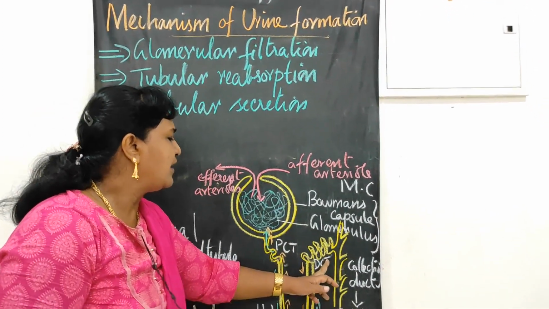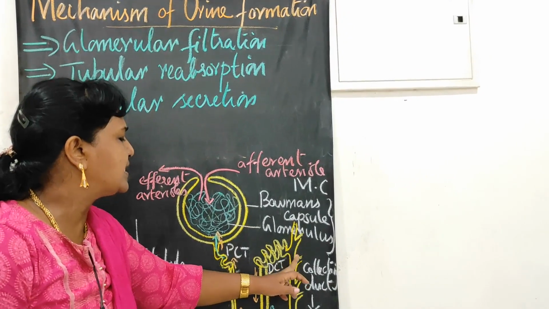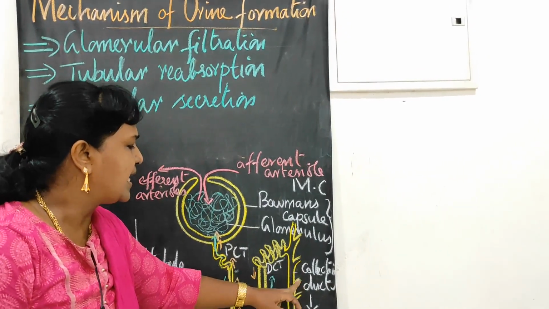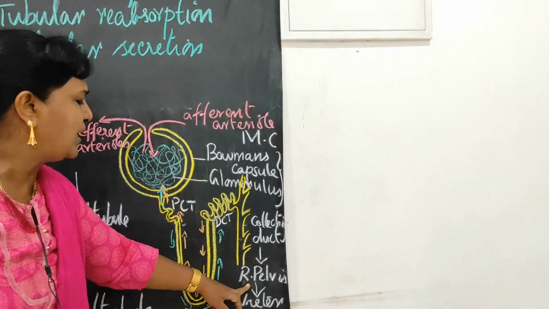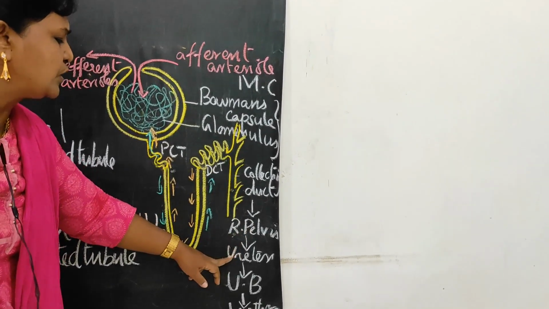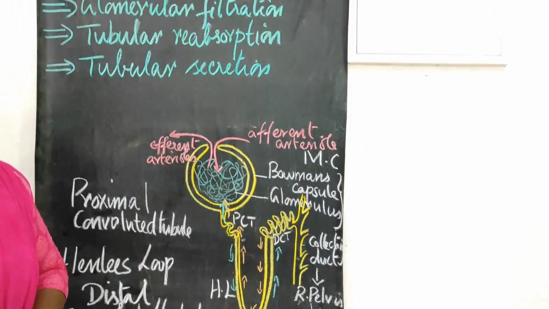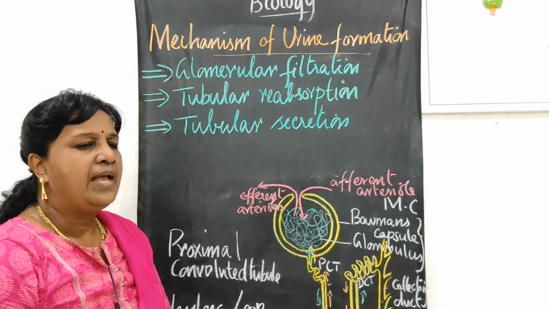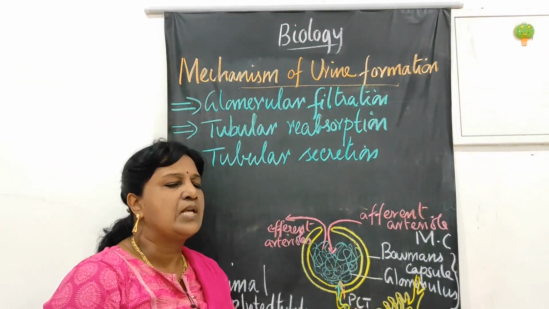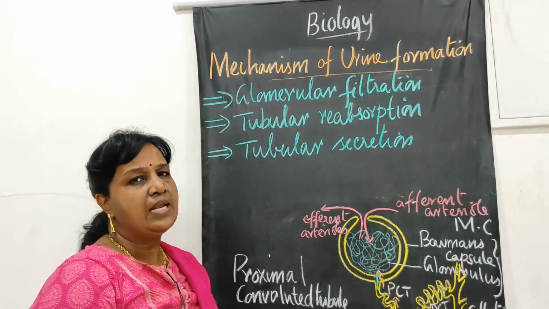Now from the distal convoluted tubule, the waste materials enter into the collecting duct. From the collecting duct to renal pelvis, from renal pelvis to ureter, then to urinary bladder, and finally it is expelled out through the urethra. And a healthy person excretes 1 to 2 liters of urine per day.